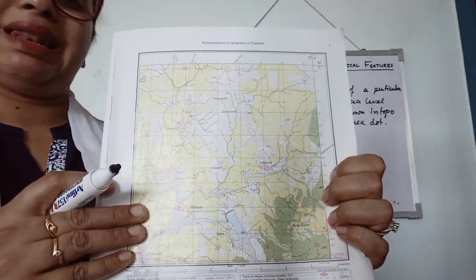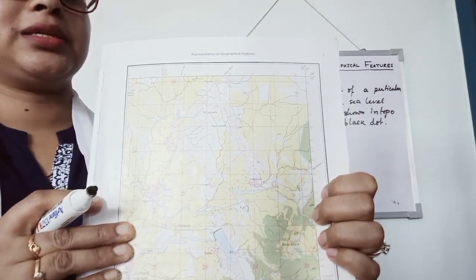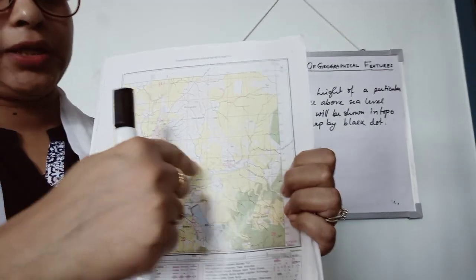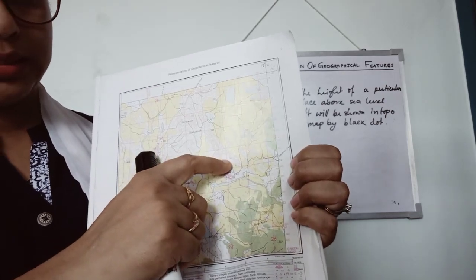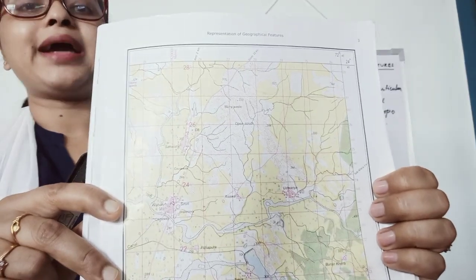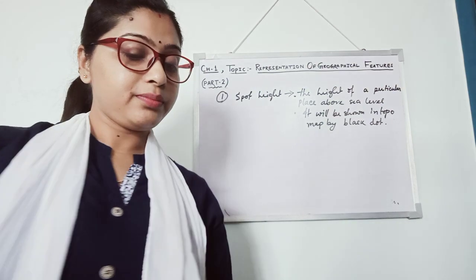This is the height in meters. So 327 is the spot height of that place. Another, at 24 by 24, is showing 366, another spot height shown by a black dot. Is it clear, students? Okay.